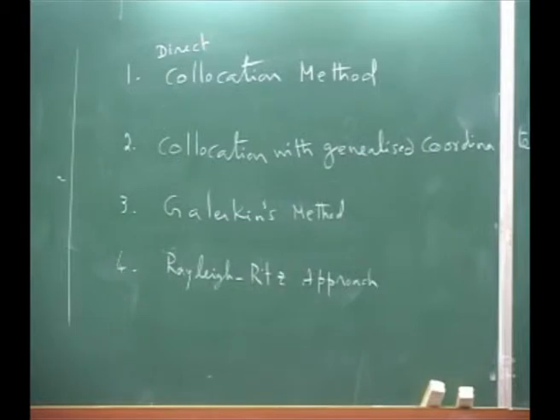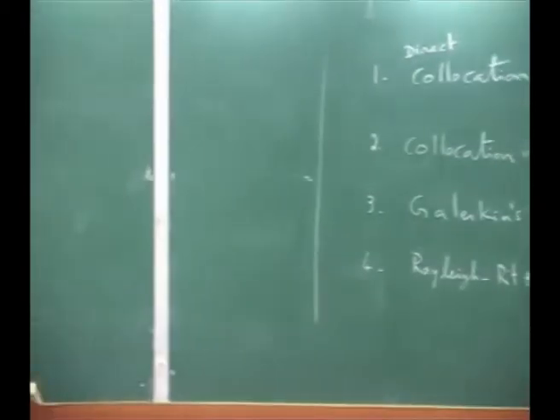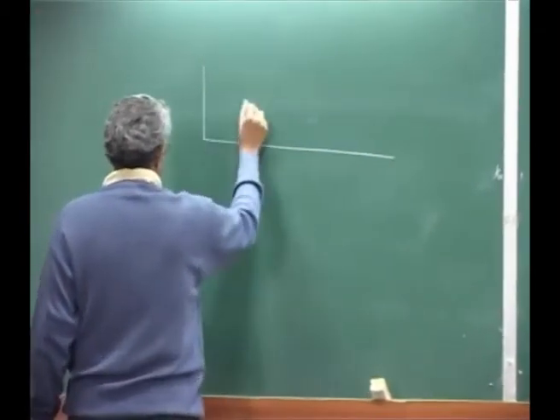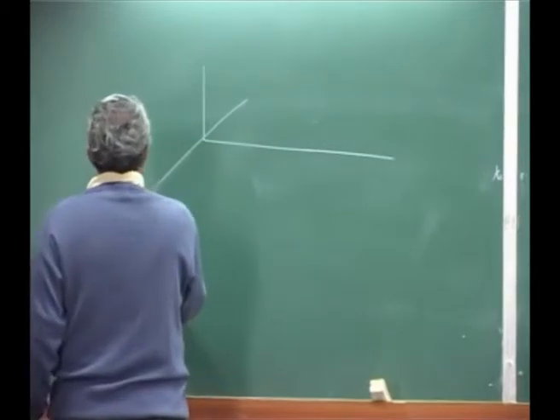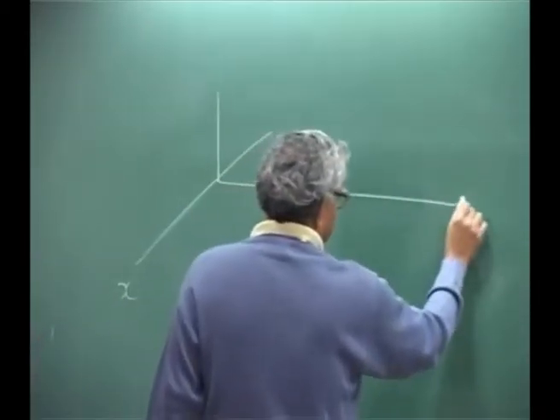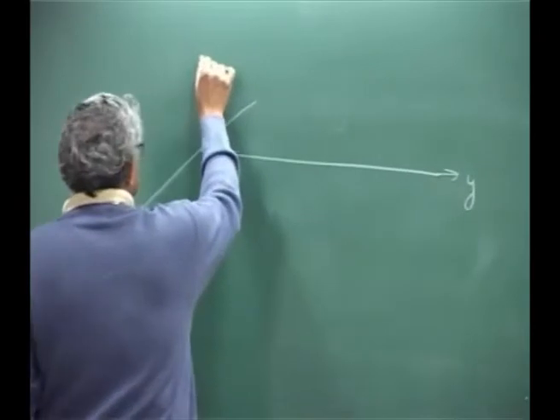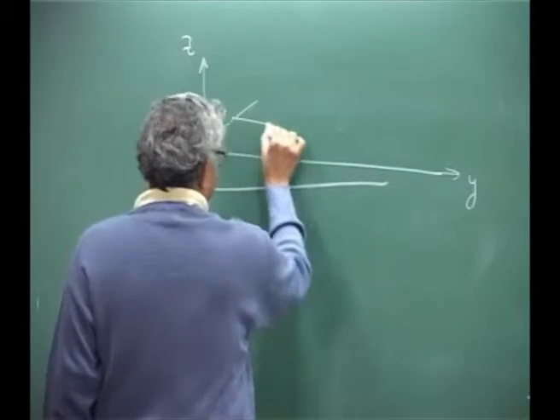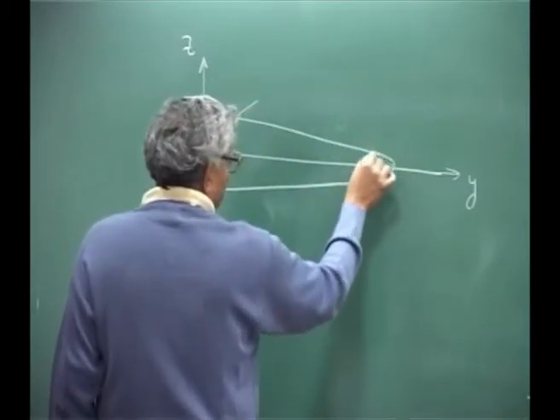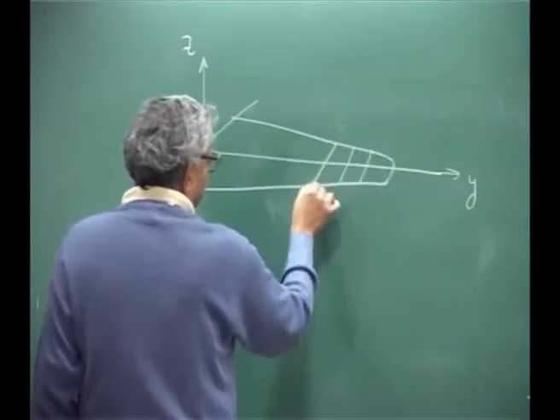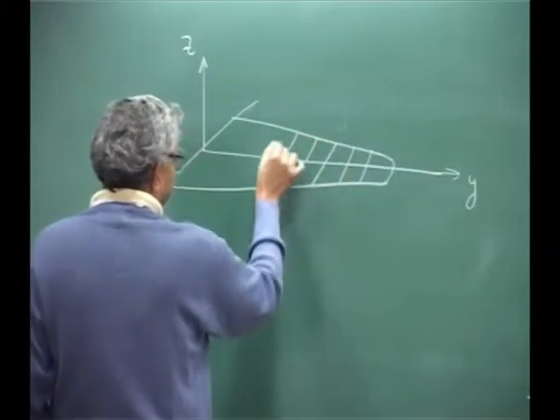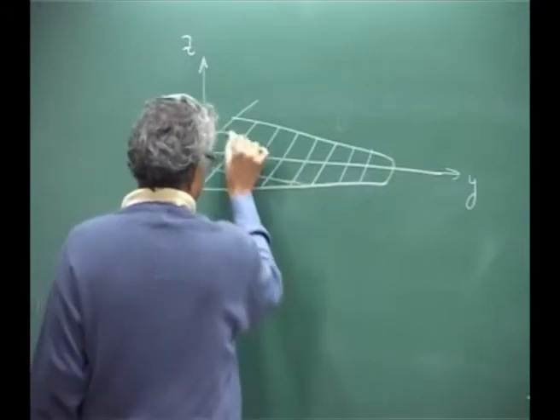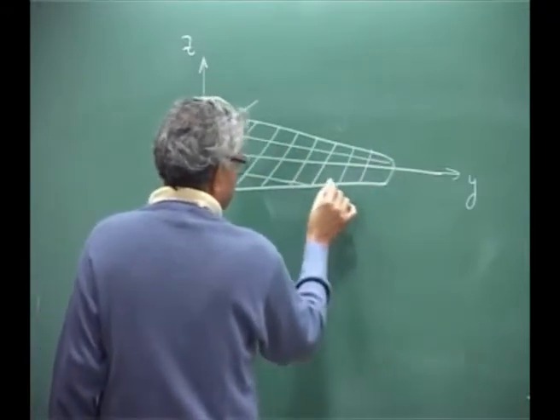The first one is direct collocation. Suppose you have a wing. This is your x-axis, this is your y-axis, this is your z-axis. You make the wing into a grid, several grids.